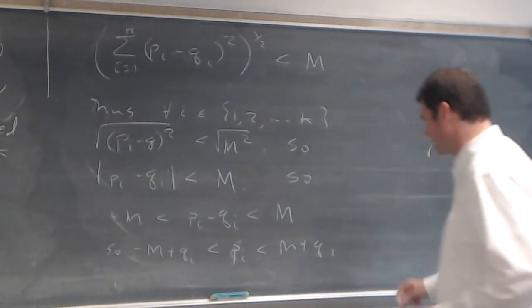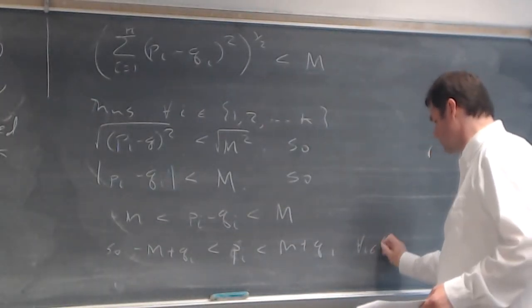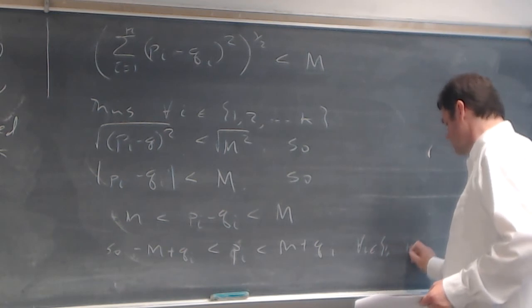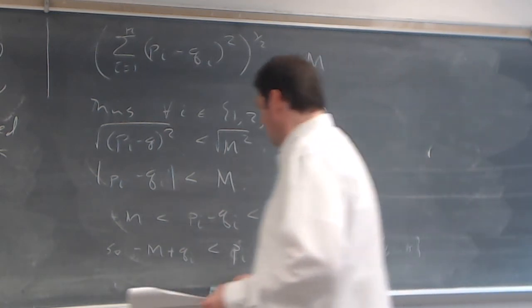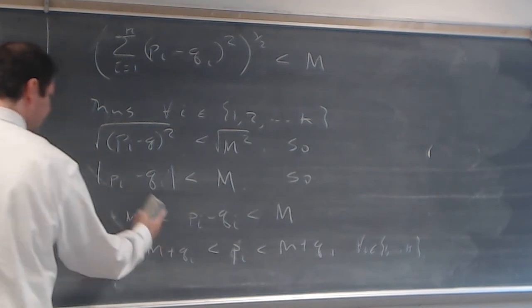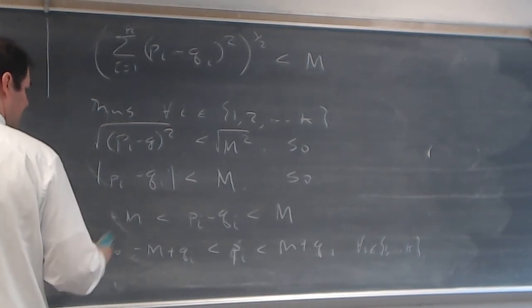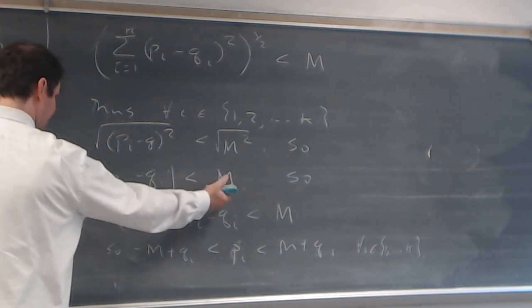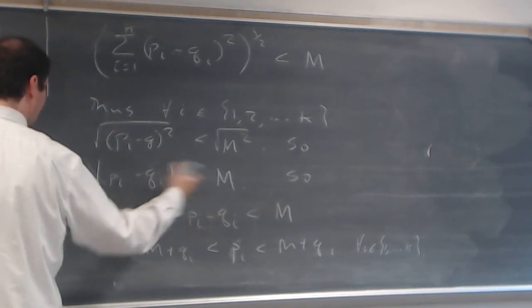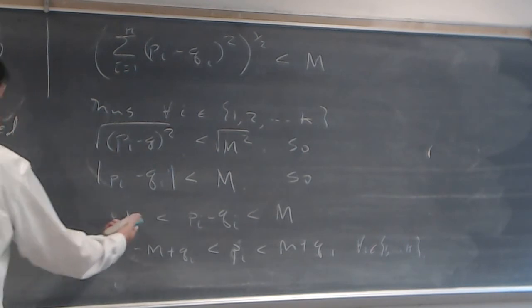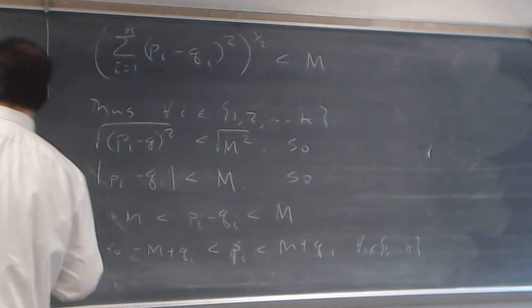This is true for all i. This statement goes with the statement about absolute values. So what does it mean for something inside absolute values to be less than a positive number? It's in between that positive number and its negative. That's what it means, and that's what I've written here. And then we just added q_i to both sides.